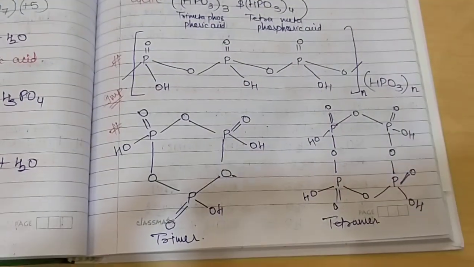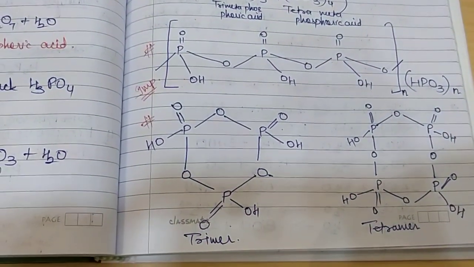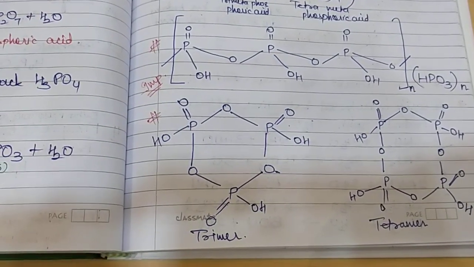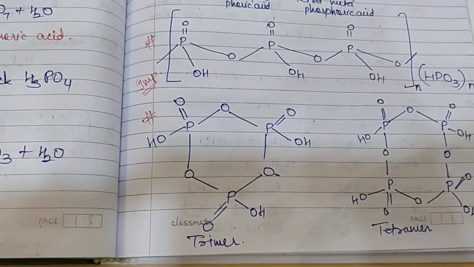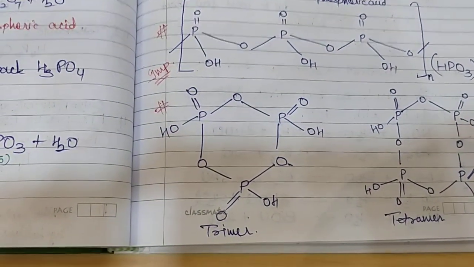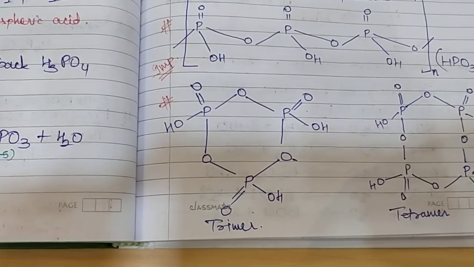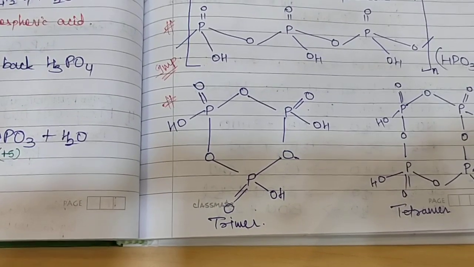In cyclic form, it exists in the form of trimer and tetramer. In case of the trimer, alternate phosphorus and oxygen are arranged in a regular hexagon, and each phosphorus is further bonded to one oxygen with a double bond and one OH group, which are mandatory for phosphorus being an oxo acid.